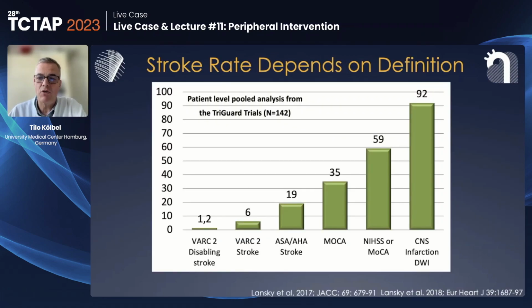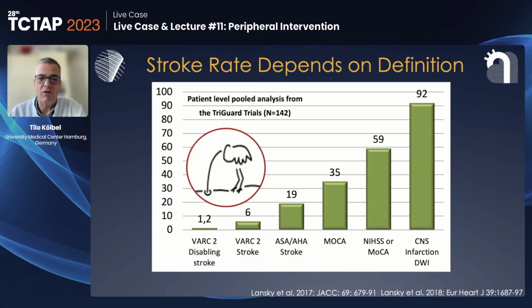If we look at stroke and cerebral damage, the stroke rate, whether it's 1, 2, 5, or 20%, depends mostly on the definition which is used in the study. So if we use VARC2, we almost have a guaranteed low stroke rate. But if we look at the more subtle cerebral damages that are done during these procedures, then it's more about 50 or 90% of patients that have a damage.